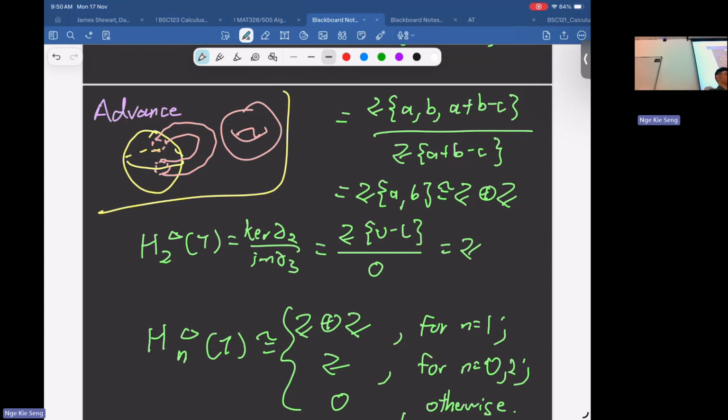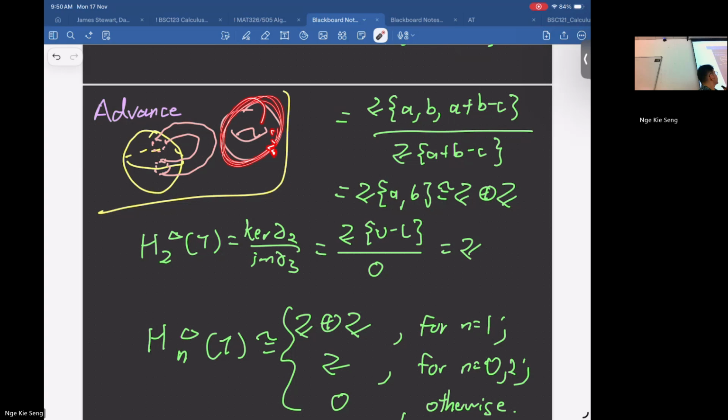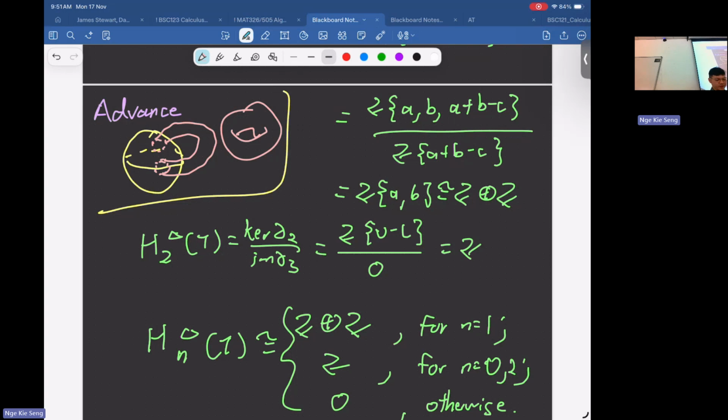Does it make sense? So like, how did you see two sphere inside here? You see two sphere inside here. 就 I mean like 这一个，yeah.